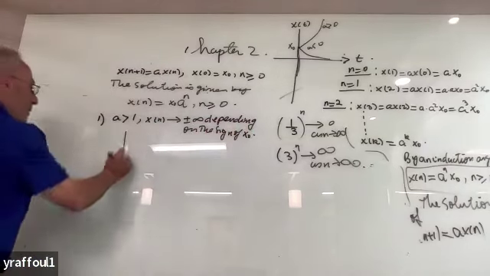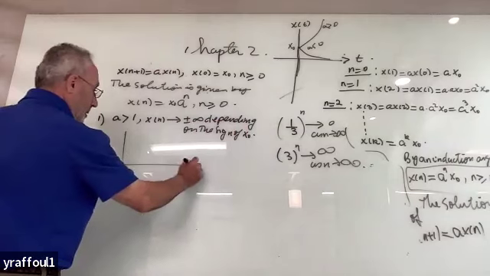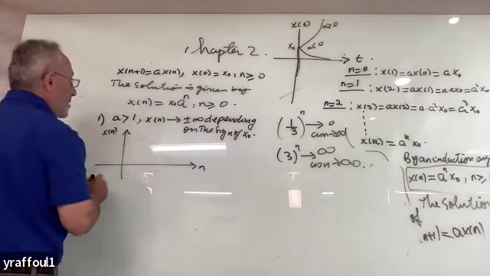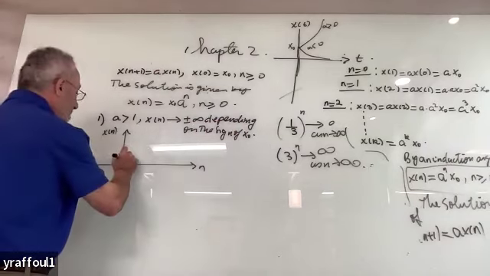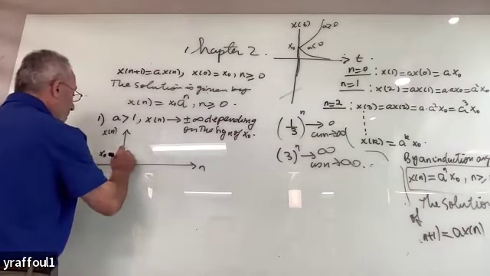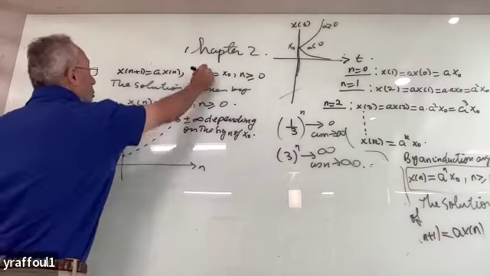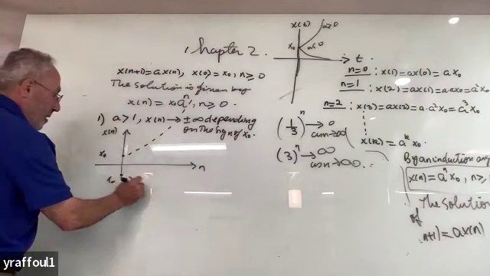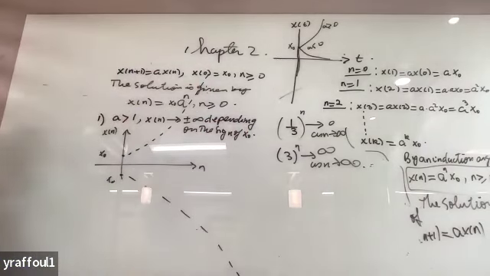So basically, this is n, this is x_n, and let's say if x naught is here, then the solution will go to infinity. If x naught is here, negative, then the solution will go like this. Is that clear? They will go to minus infinity. All right.